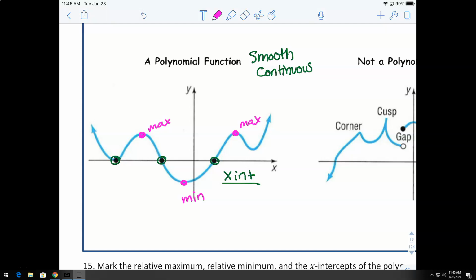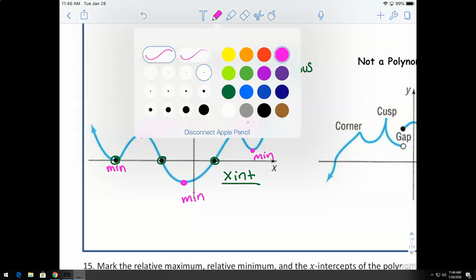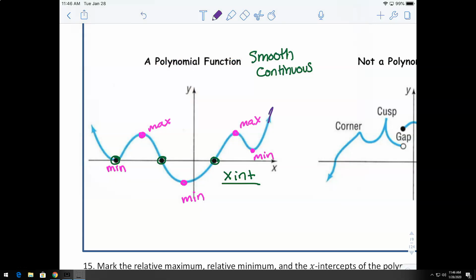Now I need to talk about relative versus absolute. Okay? I also want you to understand that this is also a minimum because it's a bottom, it's a valley. This is also a minimum. It's a bottom, it's a valley. My maximums are both relative because my endpoints are going to keep going and going and going. And so neither one of these is the tallest. They're both relative.